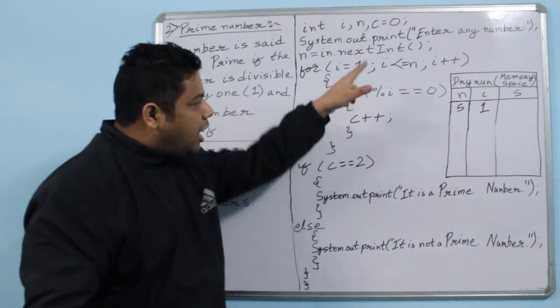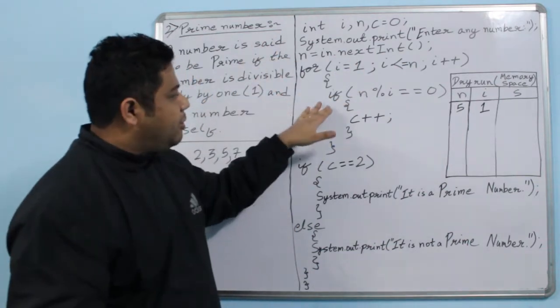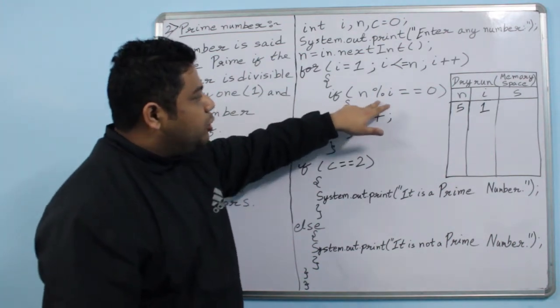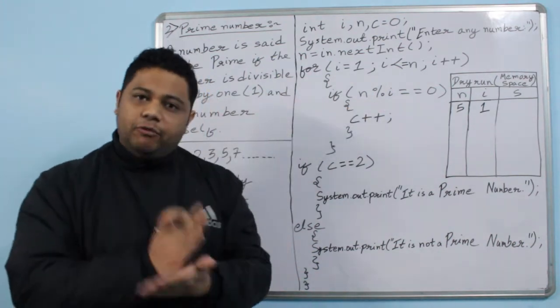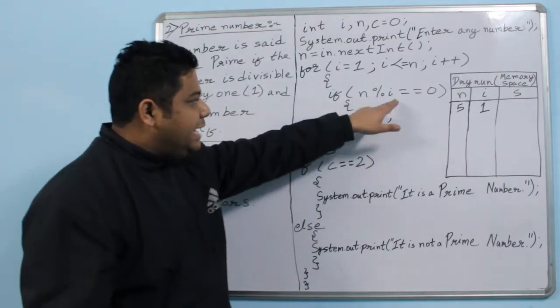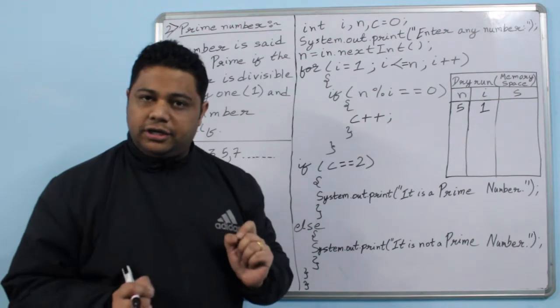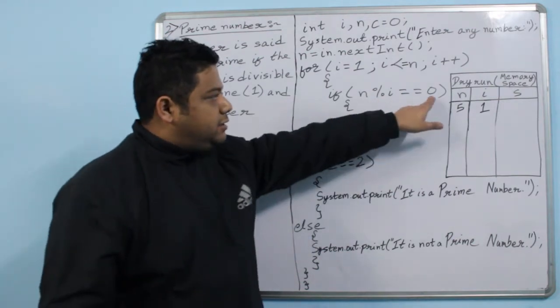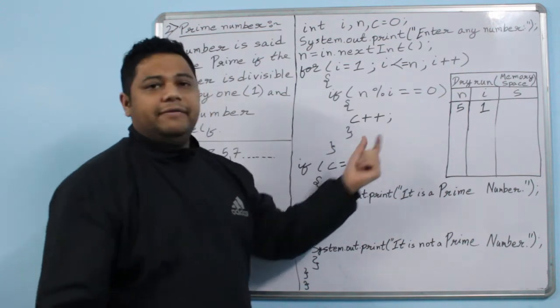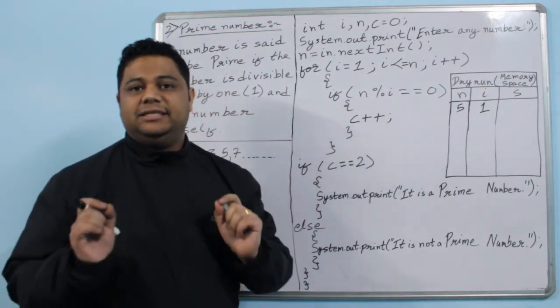So let's check that. How will we check that? With the help of the if statement. In the if statement we have n modulus I. I will start from 1, 2, 3, 4 till n. Every time it will increment and every number will be checked whether it's a factor or not. If it is a factor, the remainder is 0 and the counter variable increases its value.